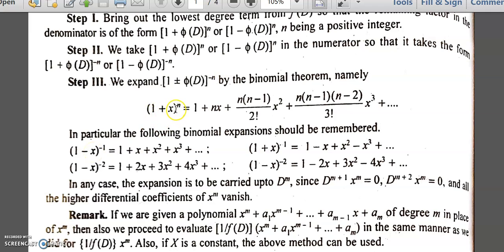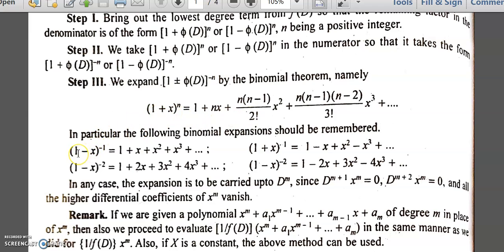So 1 plus x whole square is 1 plus 2x plus x square. 1 plus x whole cube is 1 plus 3x plus 3x square plus x cube. You just need to know these formulas.